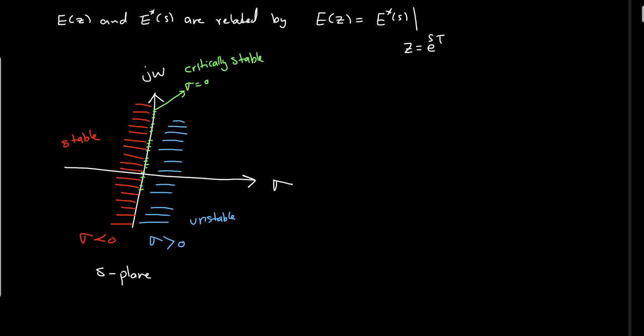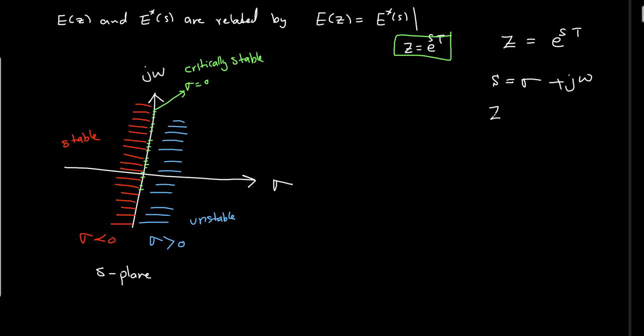So remember that s is a complex variable, and now we have a relation between z and s, such that z is equal to exponential of st. But we know that s is a complex variable, so it has a real part and imaginary part.